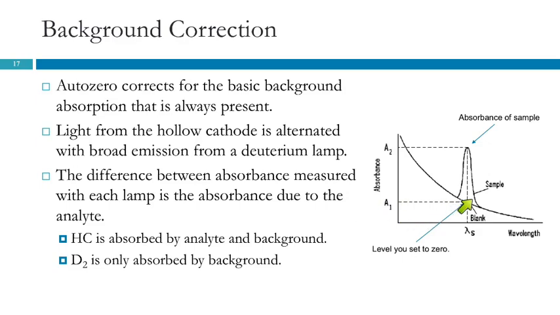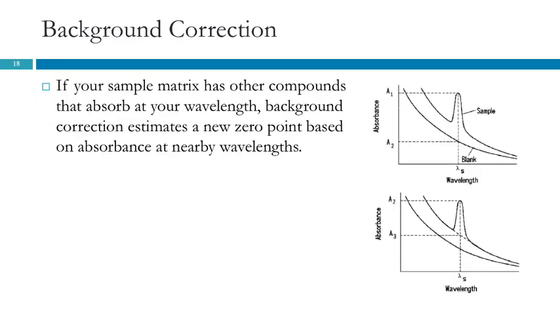So this is just auto-zeroing. We're setting this as 0. And then when we put our sample in, we measure this, and we're looking at the difference. And we get a nice signal. What's more problematic is when you have something like this, where this is your blank, but here's your sample.